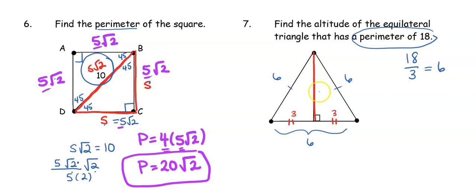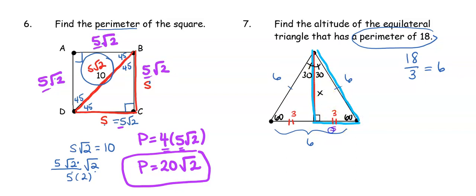My job here is to find the altitude. This is 90. In an equilateral triangle, all angles are 60, but that angle got bisected with the altitude, and we see this 30, 60, 90 triangle created. If I'm trying to find the altitude, I just concentrate on half of that. We label our pattern.